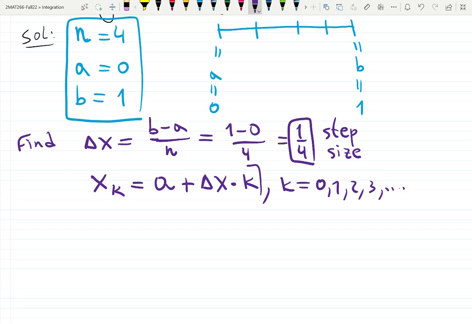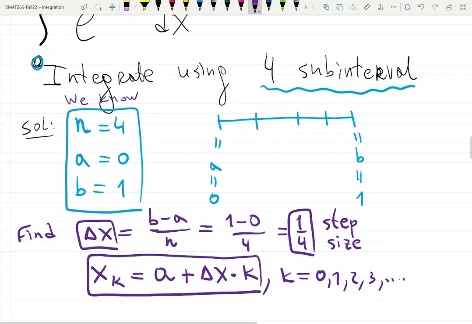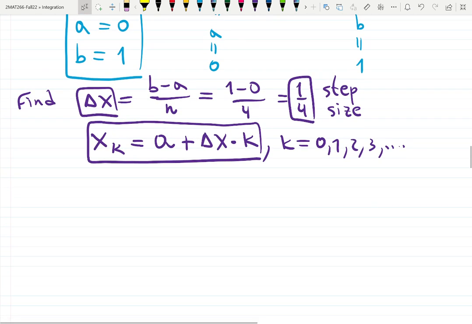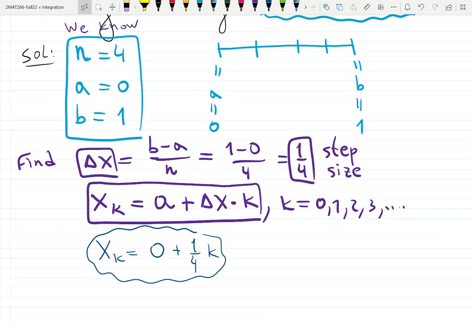This is how we jump from one point to another. But usually people visualize. For our case, x sub k is, we start from 0, and then 1/4 k. So every next one will be adding 1/4.